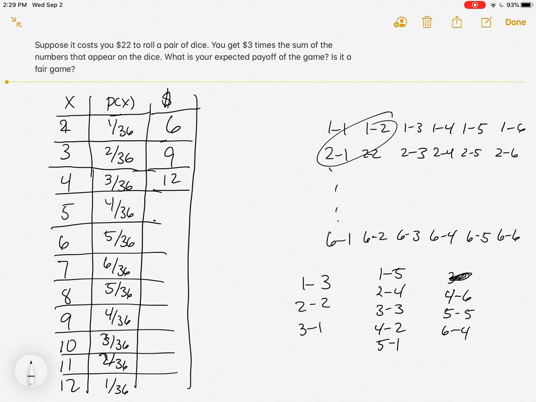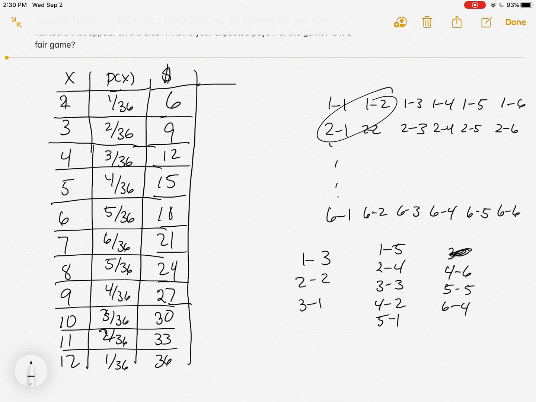You would get $12 for rolling a 4. 15, 18, 21, 24, sorry, 27. I was looking at something different up at top. 30, 33, and $36. That's what you get.